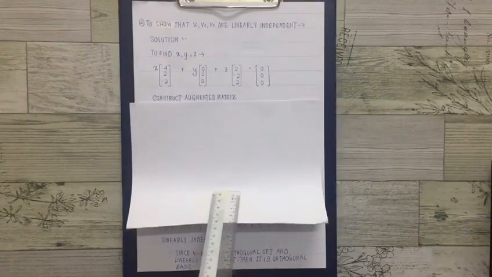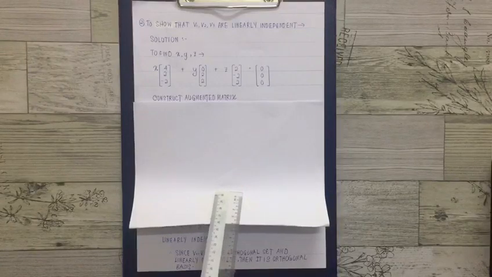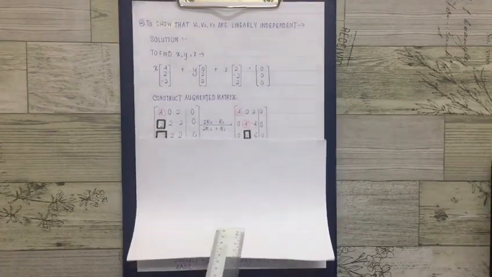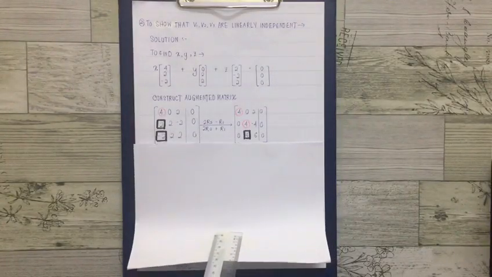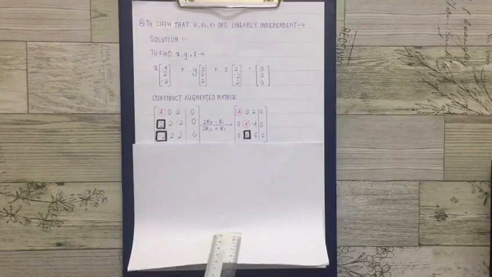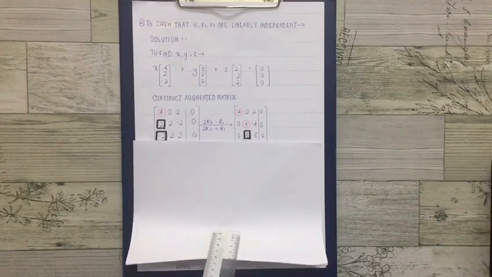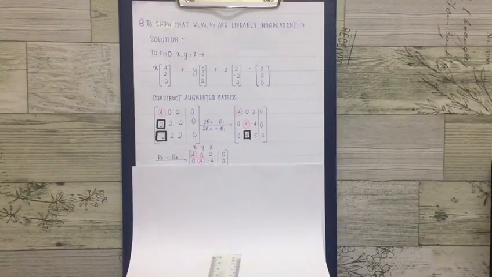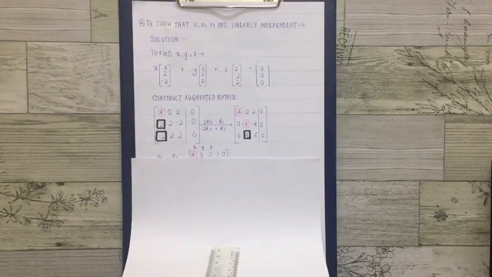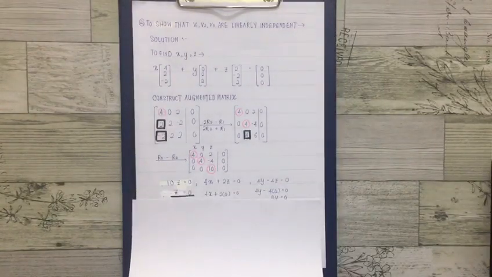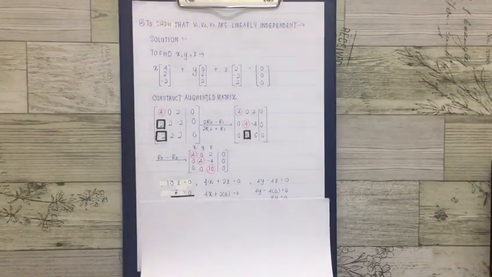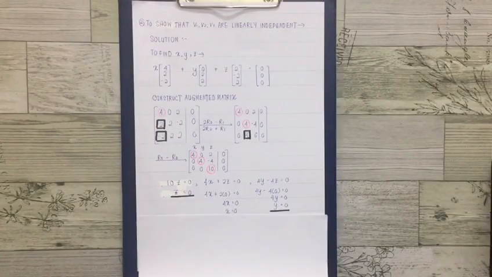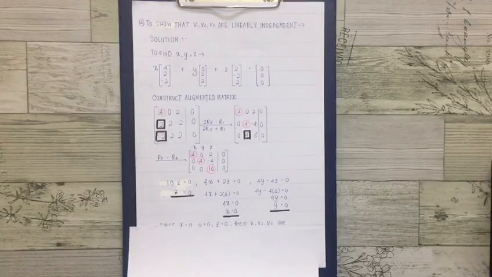Then we have to construct an augmented matrix, so we get this. So we have to reduce this matrix into REF form. After we get the matrix in REF form, we have to find the value of x, y and z. So we get z equal to 0, x equal to 0, and y also equal to 0.